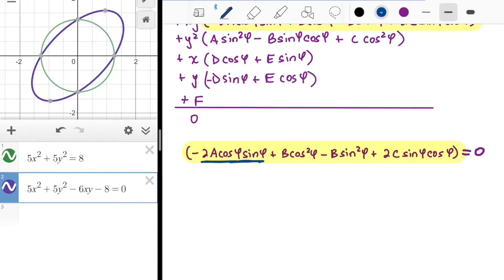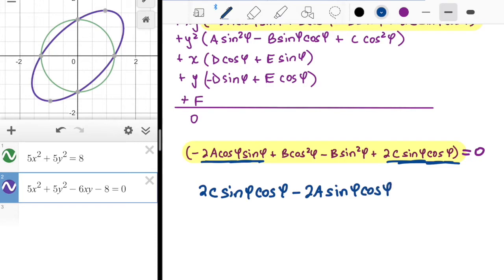All right, so the first thing that I'm looking at are these two terms here because they have a common sine phi cosine phi. So I'm going to rewrite as 2c sine phi cosine phi minus 2a, same deal, sine phi cosine phi.